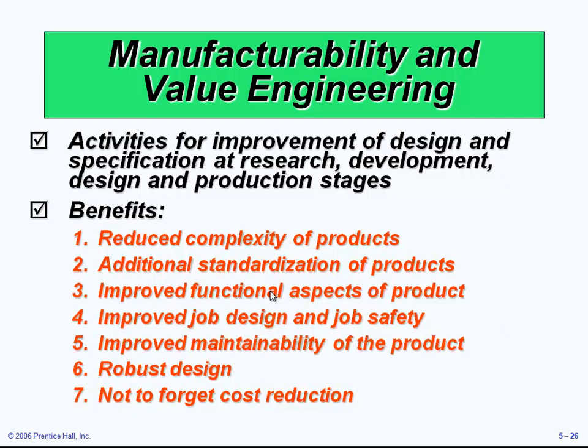The benefits from that will be reducing complexity of products, additional standardization of products, improve functional aspects of product, improve job design and job safety, improve maintainability of the product, robust design, and not to forget cost reduction.